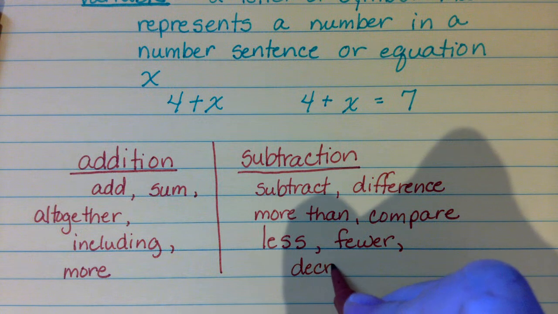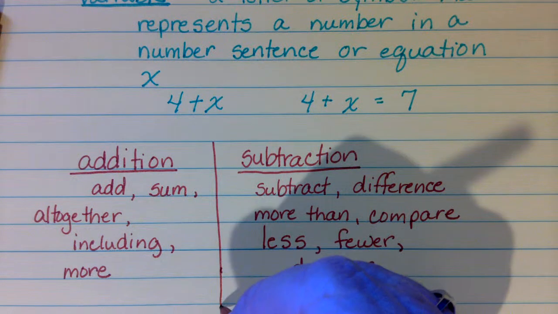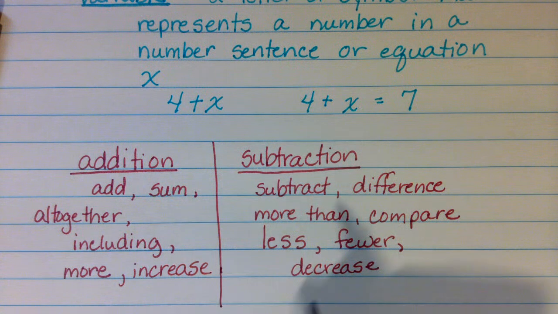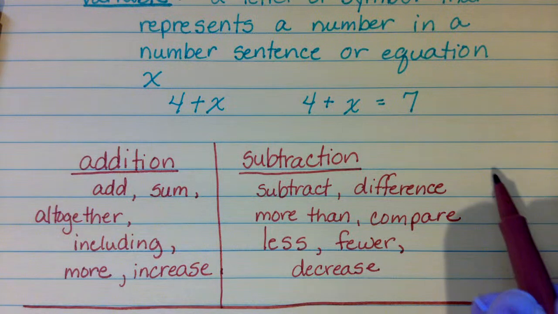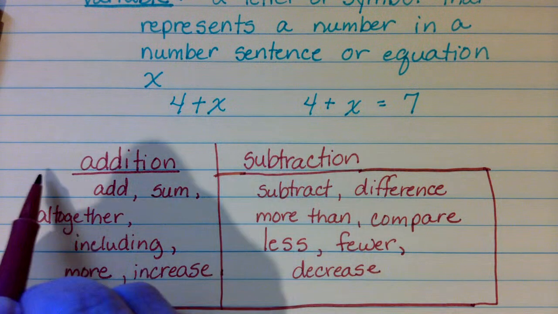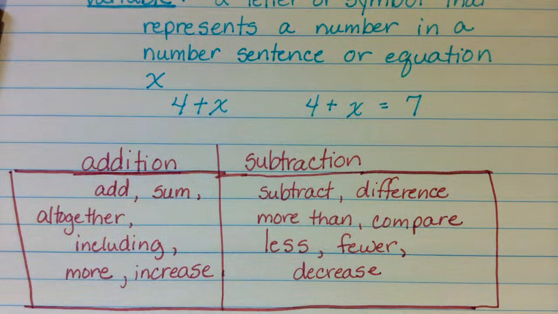Decrease. And I'll put increase over here. So these are just a few words that might be trigger words for these operations. It's important because you're going to be asked to write number sentences or equations based on information that is given to you. So you have to know what words to use to help you. It will eventually include multiplication and division, but we're going to start out with addition and subtraction.